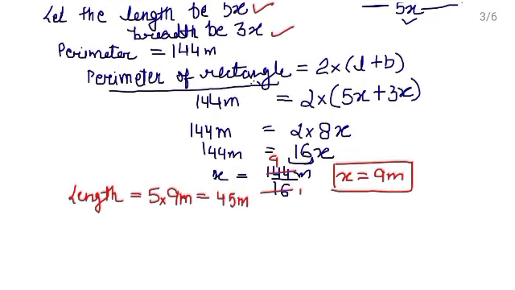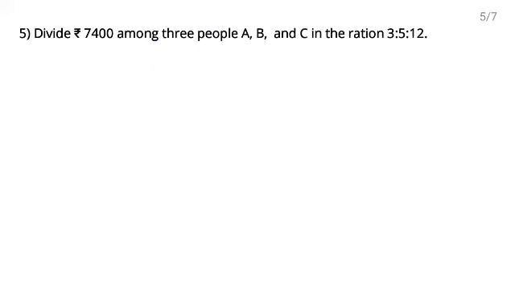And the breadth was 3x. So breadth is 3 multiply x is 9 meter. So 3 nines are 27 meter. This is your answer.